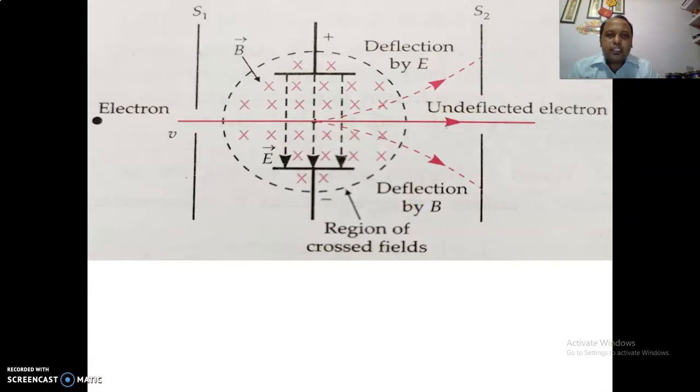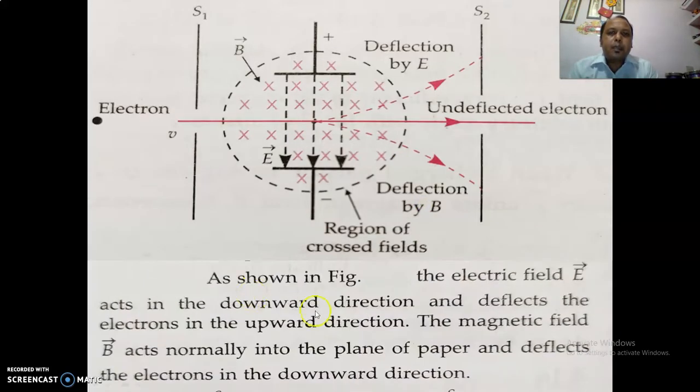So now let us see the condition where electrons having a specific velocity reach the other end. The force experienced due to the electric field will be given by qE, where q can be written as -e.